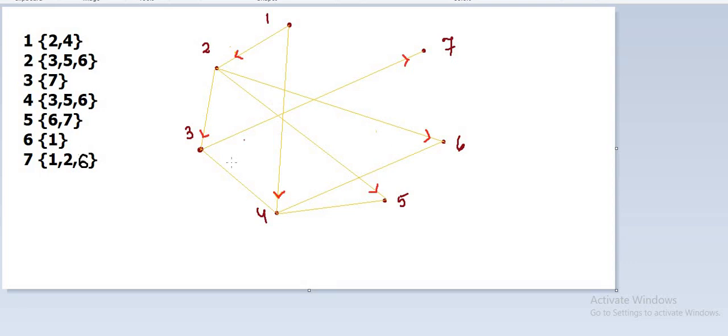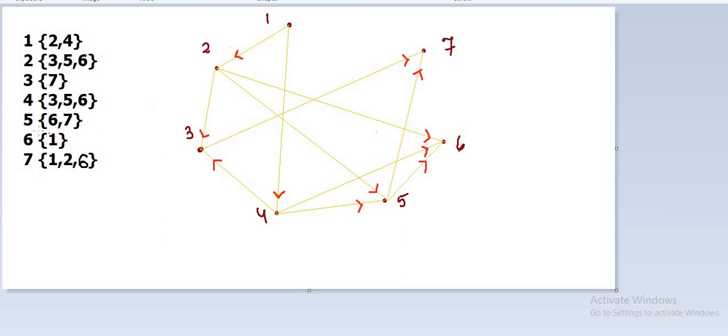Let's make the arrows. Next is 5, which goes to 6 and 7. Let's make the lines first, and then the arrows. 5 to 6, and then 5 to 7, which is this one, on this side and this side.